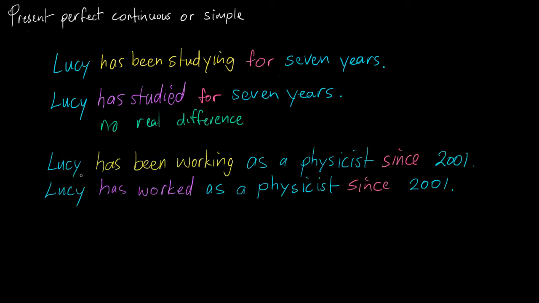Next example, Lucy has been working as a physicist since 2001. Lucy has worked as a physicist since 2001. Here we have, of course, in yellow again the continuous form, and in purple the simple form.